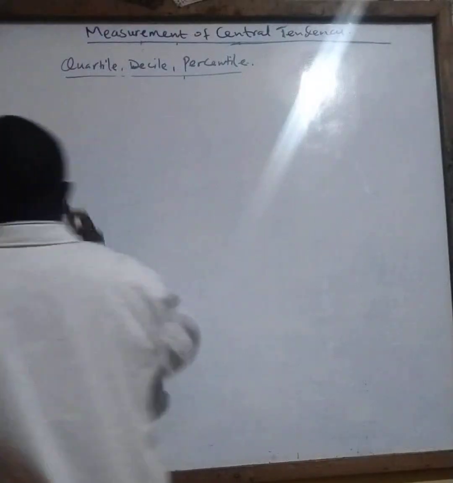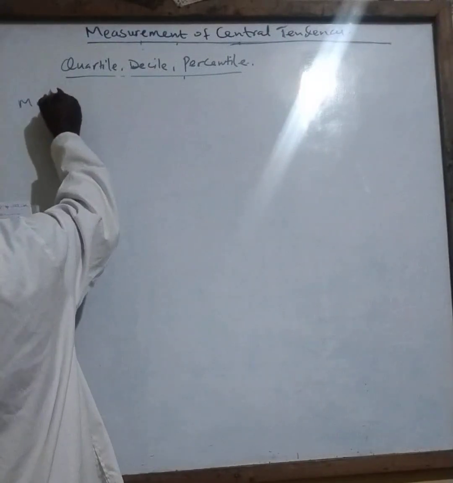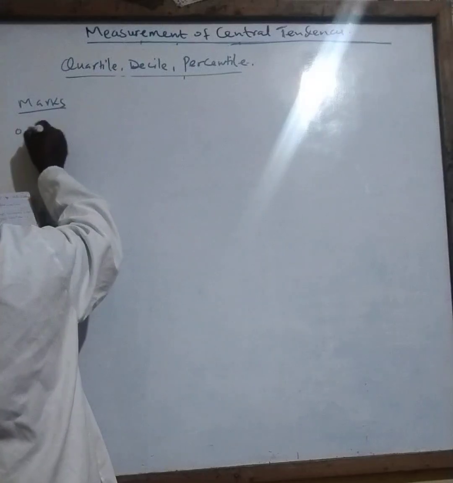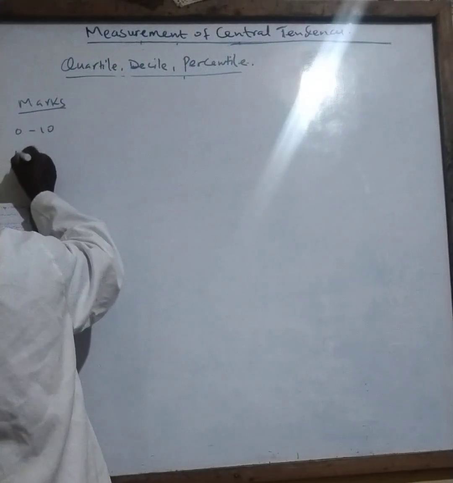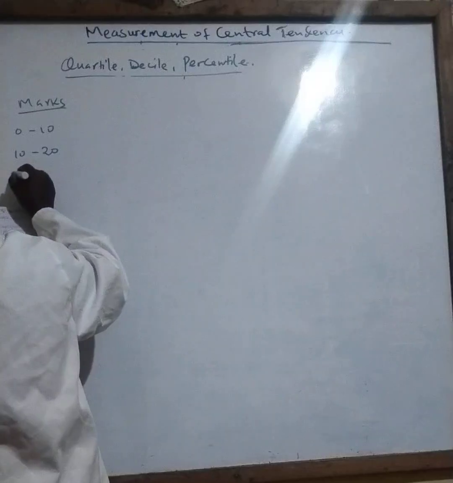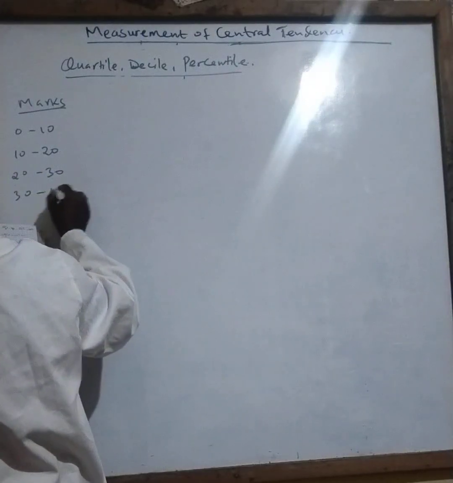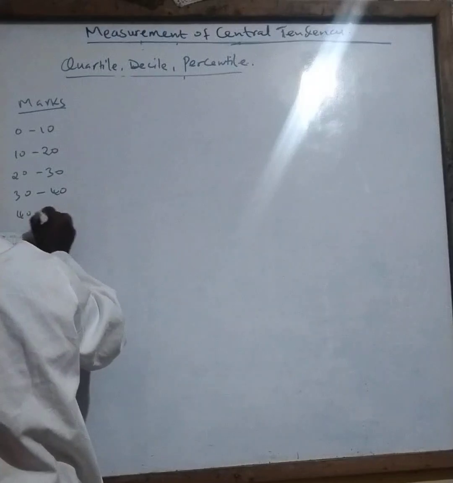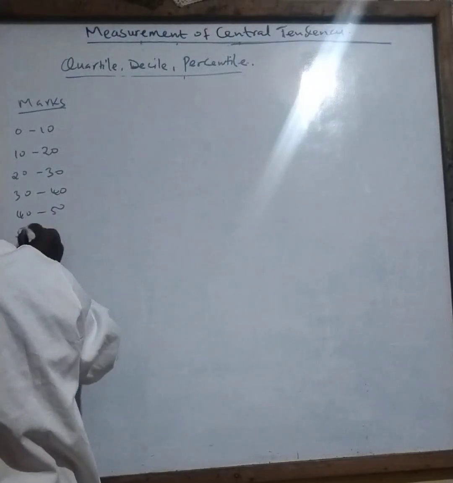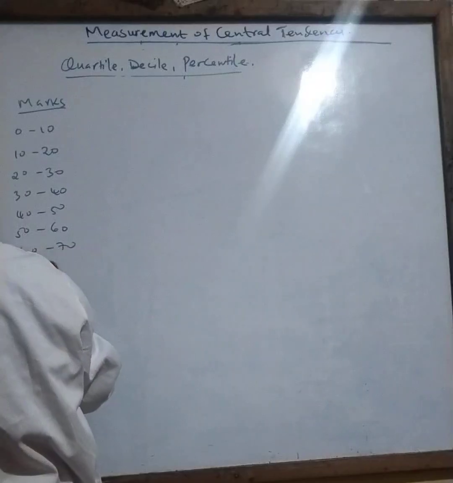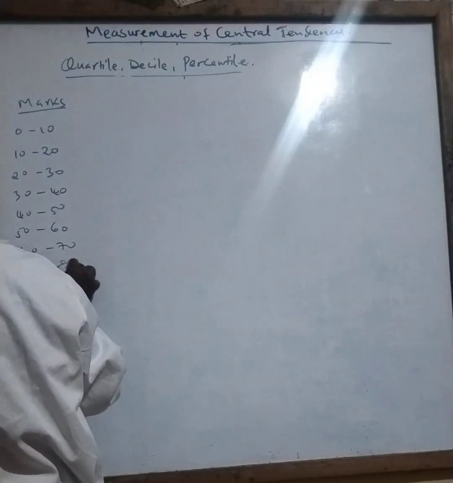So we have this data here. We have 0 to 10, 10 to 20, 20 to 30, 30 to 40, 40 to 50, 50 to 60, 60 to 70, and 70 to 80.